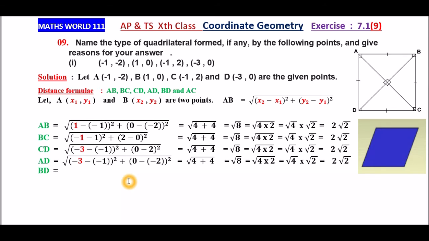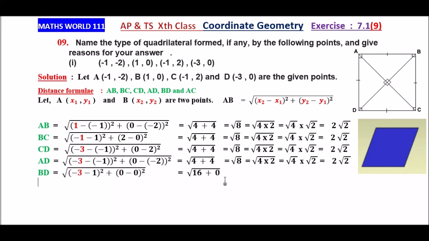That is equal to square root of (minus 3 minus 1) whole square plus (0 minus 0) whole square. So minus 3 minus 1 is minus 4. So minus 4 whole square is minus 4 into minus 4, minus into minus plus, 4 into 4, 16. We get here 16 plus 0 minus 0 is 0, 0 square is 0. So that is equal to root of 16 plus 0.